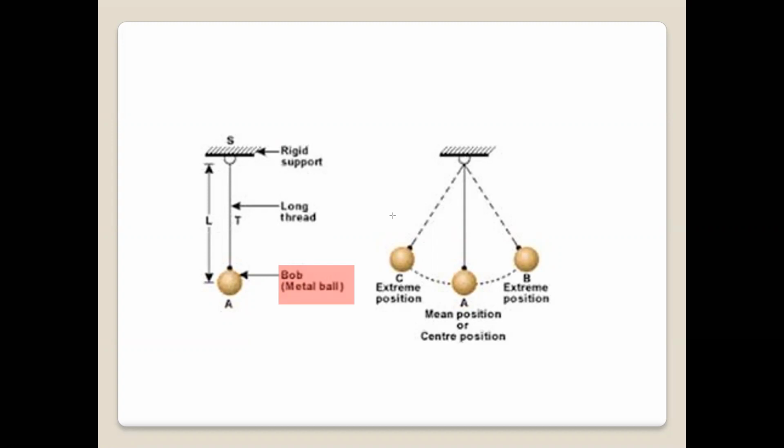It's a simple name used for this. And the distance from the point where you attach the string or wire to the center of the bob is known as the length of the pendulum.